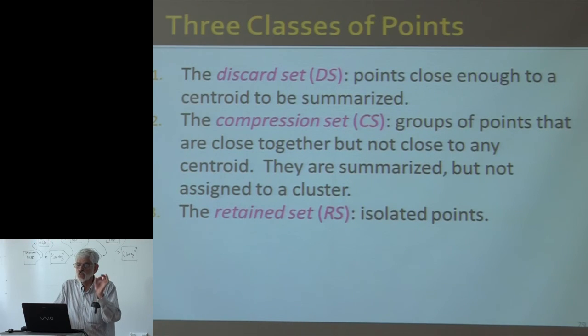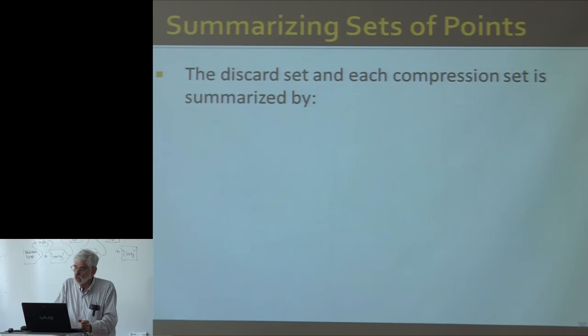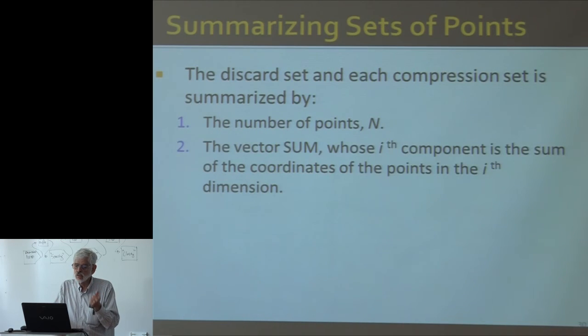Okay, so the discard set and compression set are both represented by statistics, sort of a centroid, and the retained set are still individual points. So let's see, what are we going to do? To summarize either a discard set or a compression set, well, we need to know the number of points that are represented.